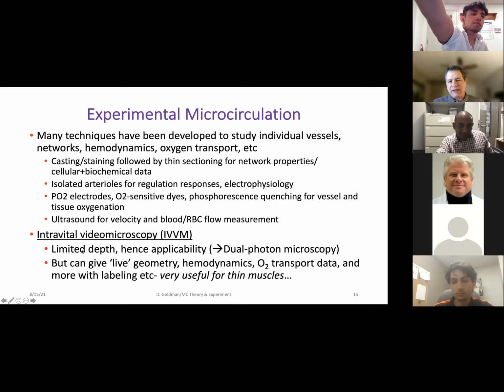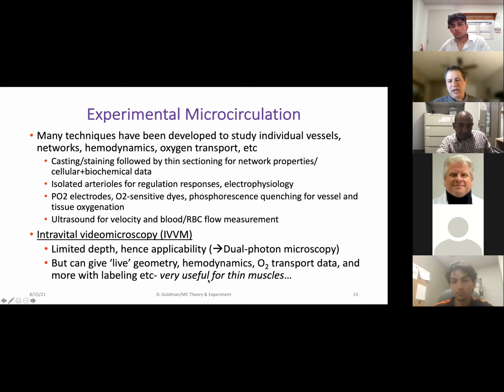The drawback of this is limited depth, right? Because you just have light going in and out or light coming through. And so the depth is 100 microns or so. Nowadays, they have dual photon microscopy. So they're really high-tech methods to try to get deeper in the tissue and doing the same kind of thing. But IVVM or just IVM is very, very nice when it works.